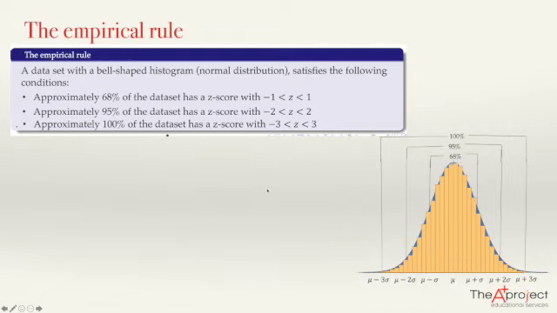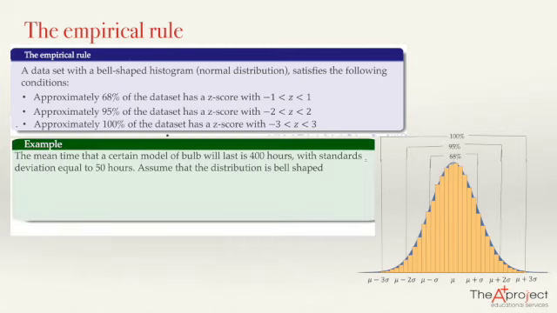That could help me to answer some questions about the proportions of data between values. For example, the mean time that a certain model of ball will last is 400 hours, with a standard deviation equal to 50 hours. Assume that the distribution is bell-shaped.